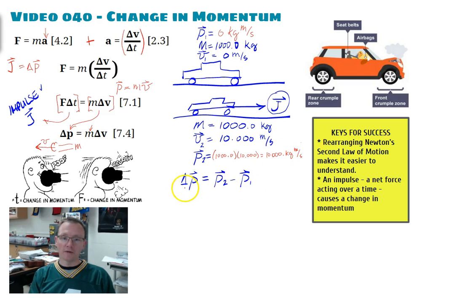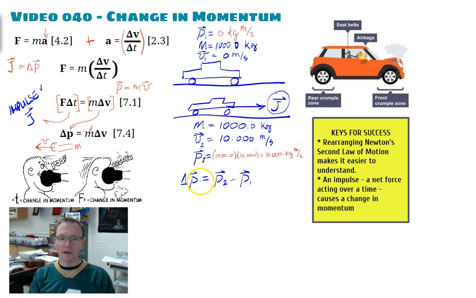And so the change in momentum can be thought of also as just any old definition of change, right? Any change variable is going to be the final state minus the initial state, just like delta v right here, or delta t. Those are the final velocity minus the initial velocity. This is the final time minus the initial time.